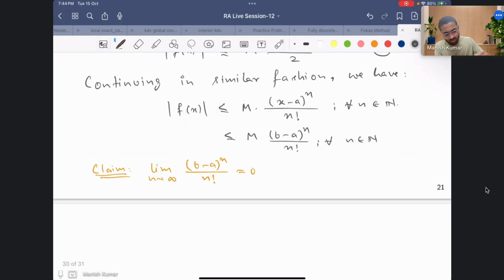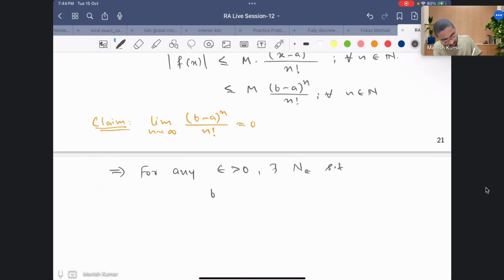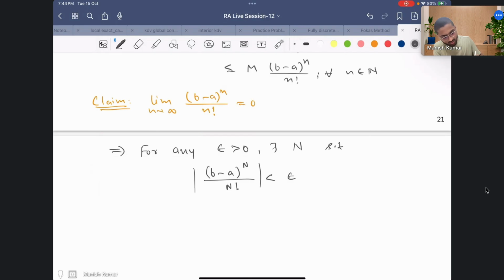Suppose this is true, then this implies that for any epsilon greater than 0 there exists a capital N epsilon such that (b minus a) raised to the power n upon n factorial will be less than epsilon by M.